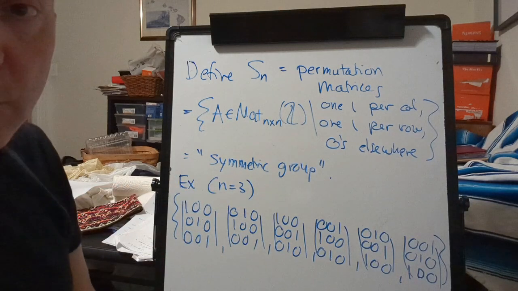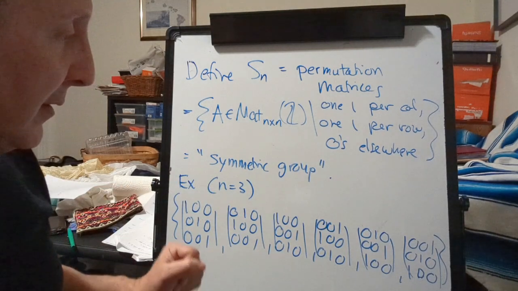So we have these 6 matrices. These are all of them.